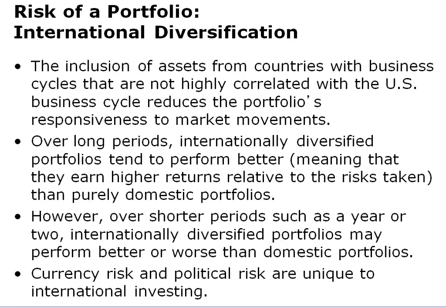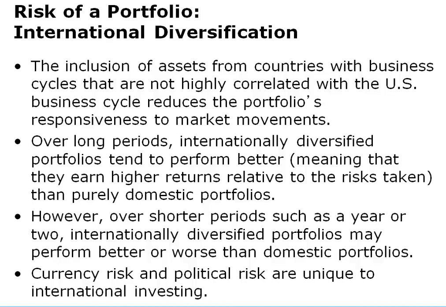So let's think about international diversification. In international diversification, we're looking to include assets from other countries with business cycles that are not completely correlated with the U.S. business cycle to reduce the overall risk of the portfolio and the responsiveness to market movements.